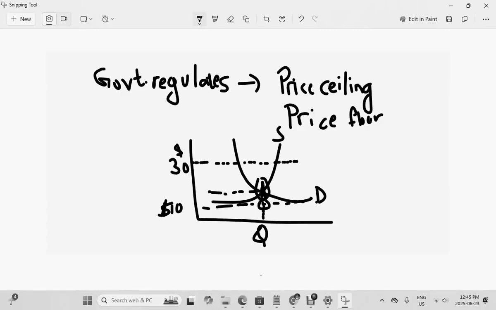However, let's assume that for agriculture, for example, the government decides to set the price floor over here, above the equilibrium point. If that happens, there's going to be a surplus of goods or products being produced.